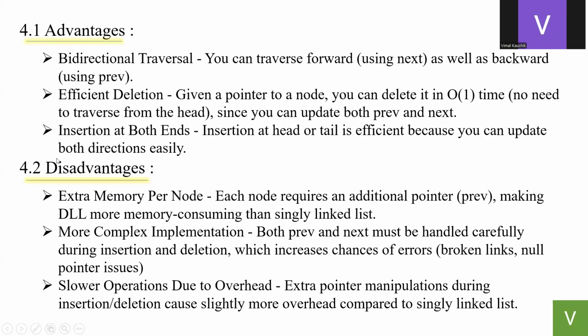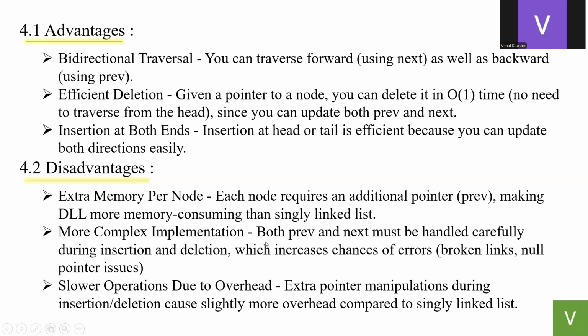So these are the advantages. Now let us look into the disadvantage of a double linked list. Extra memory per node. So in the double linked list, we use 3 blocks for creating a node, whereas in single linked list, we use only 2 blocks. First block represents the data, second block represents the next node. So the extra memory is needed to store per node. The second disadvantage is more complex implementation.